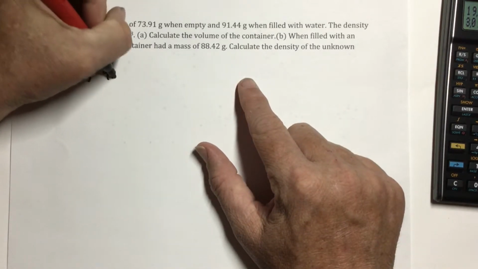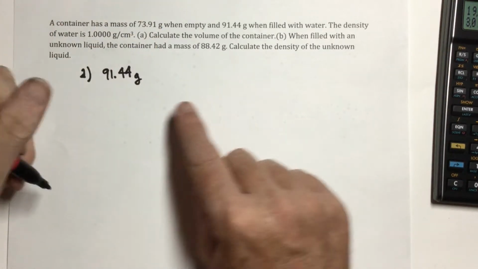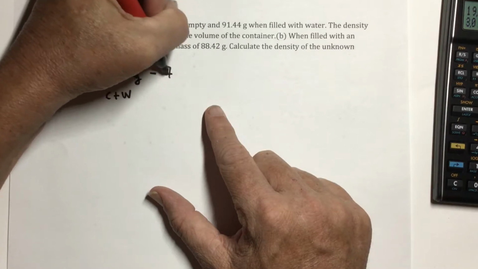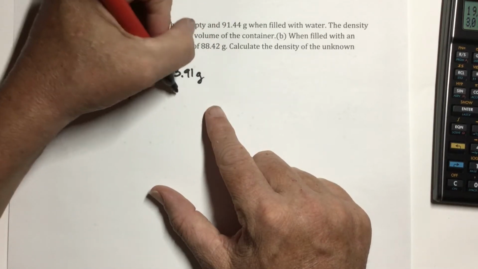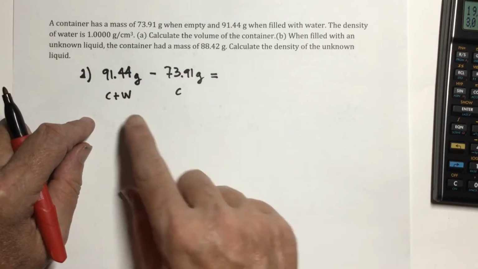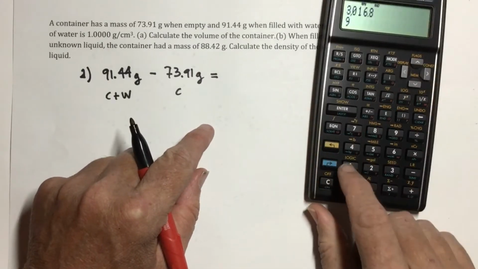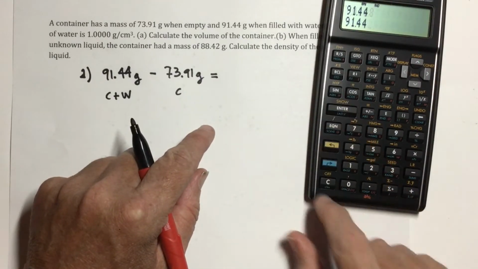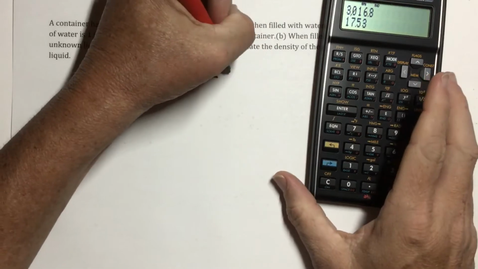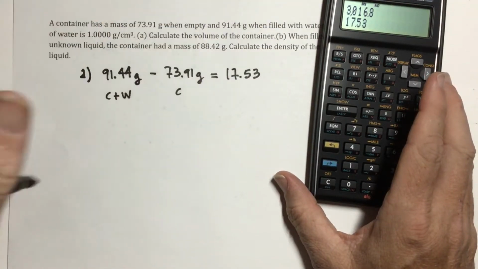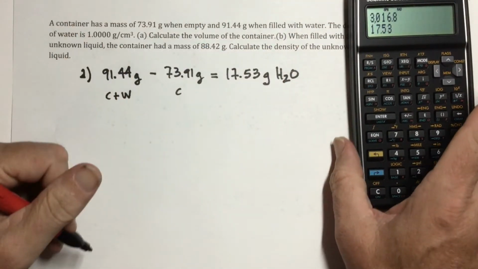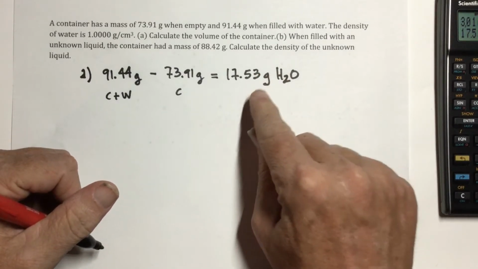So if I take 91.44 grams, which represents the container plus the water, and subtract 73.91 grams, which just represents the container, the result should be just the mass of the water. 91.44 minus 73.91 is 17.53 grams. That is the mass of my water.